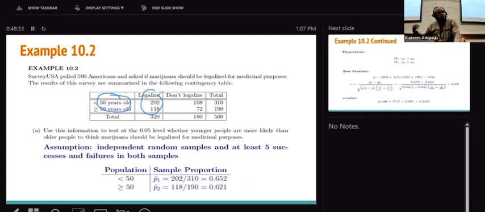We can test a hypothesis about that. We not only test a hypothesis, we can also construct the confidence interval on that. The result of the confidence interval will agree with that of the hypothesis testing.